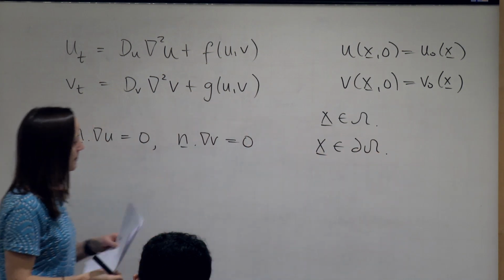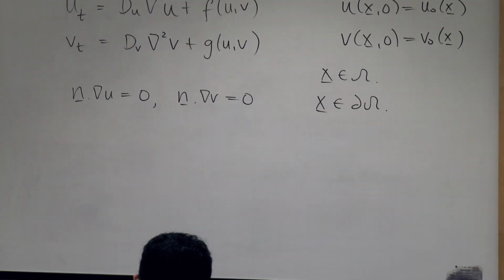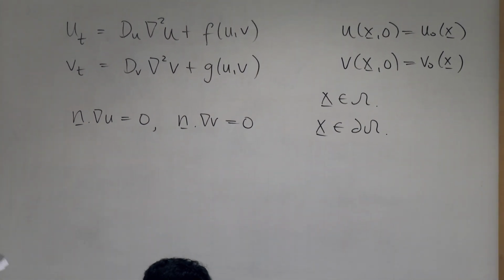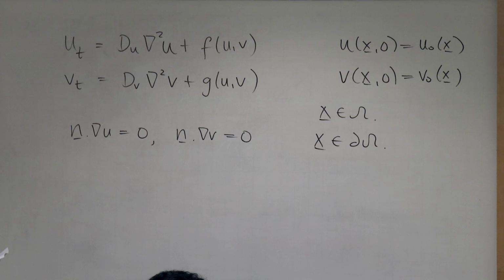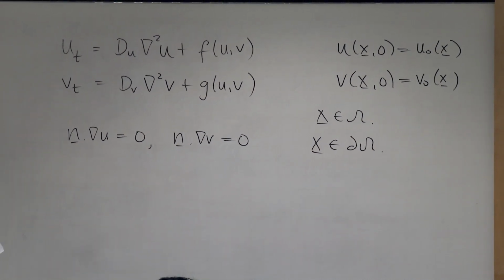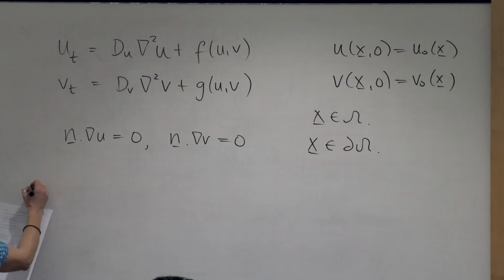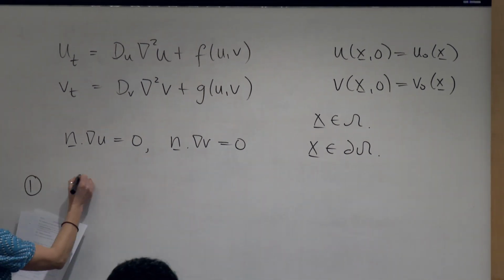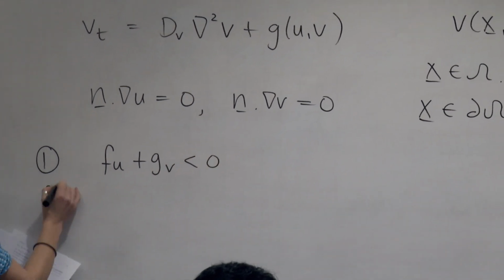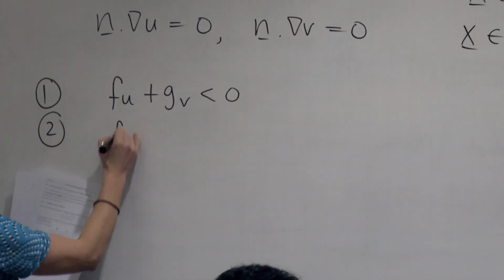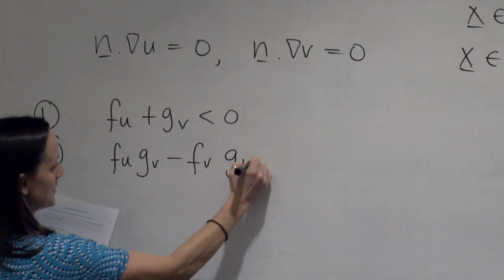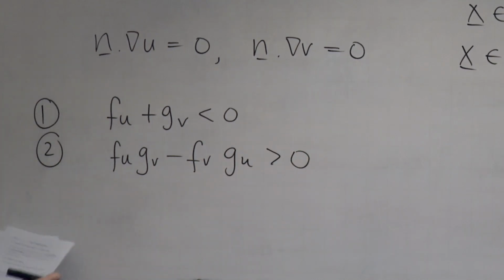Okay, and so by a process of doing some linear stability analysis, what we had gotten down to, if I write them all out on the board, is four conditions, essentially. I've got FU plus GV has to be less than 0. FU GV minus FV GU has to be greater than 0.